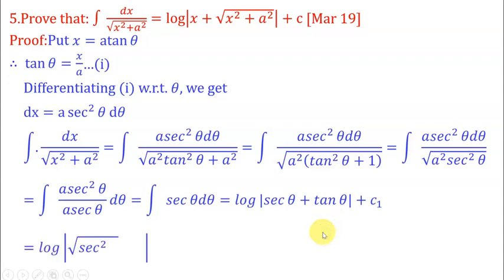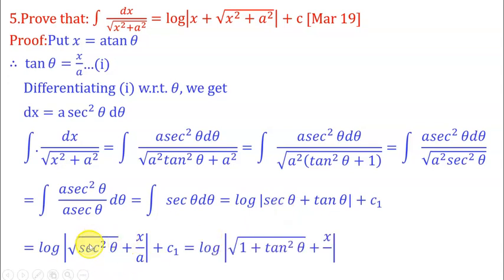Now, sec theta is nothing but root of sec square theta, and tan theta is nothing but x upon a. Therefore, the integral becomes log of root of sec square theta, meaning 1 plus tan square theta, plus x upon a. Again, substitute the value of tan theta, which is x upon a.